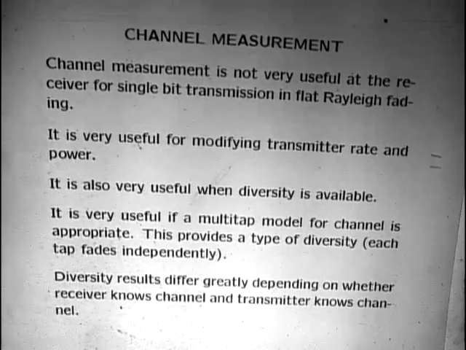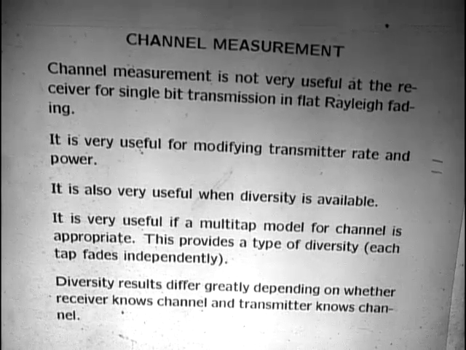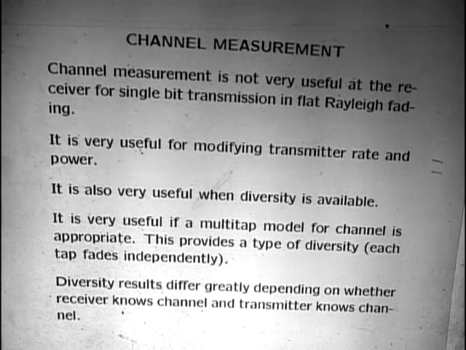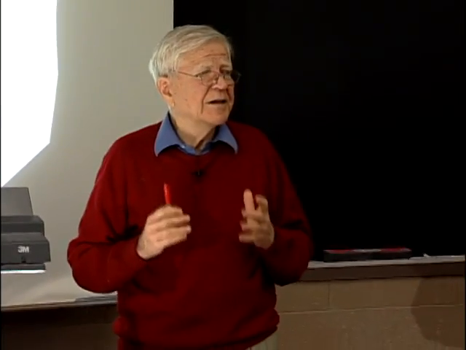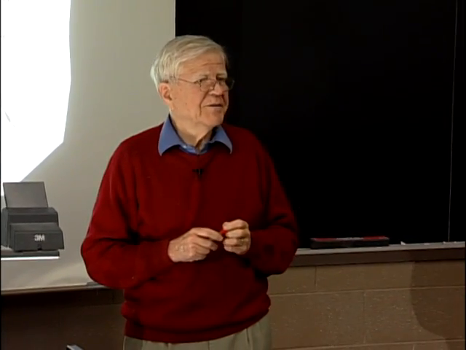Well, we have seen that when you use one bit on just a couple of degrees of freedom, knowing what the channel is does not do you much help. If you use coding, or if you use one bit and spread it over a large number of degrees of freedom, then knowing what the channel is gives you a great deal. This is one of the basic confusions that everyone has when they deal with Rayleigh fading.